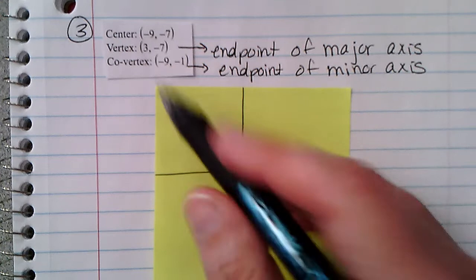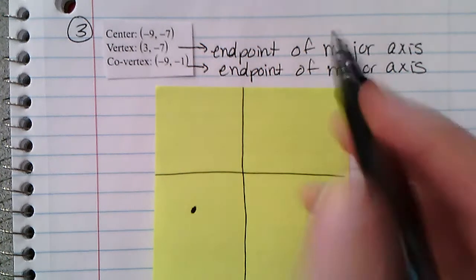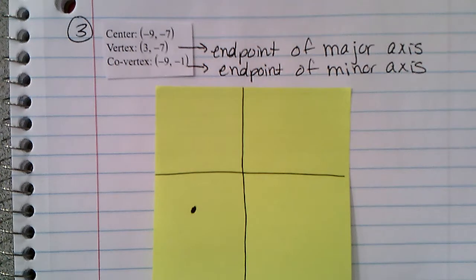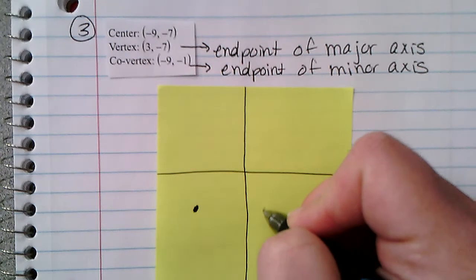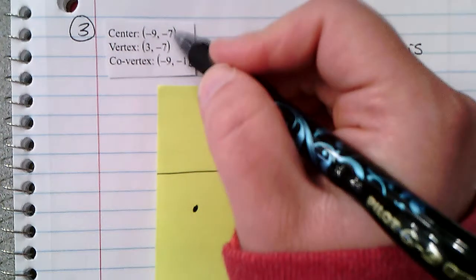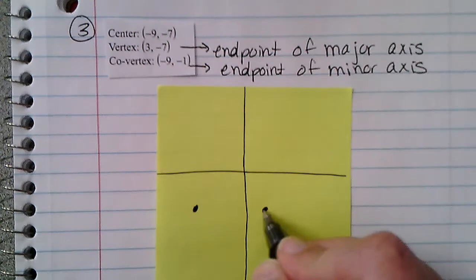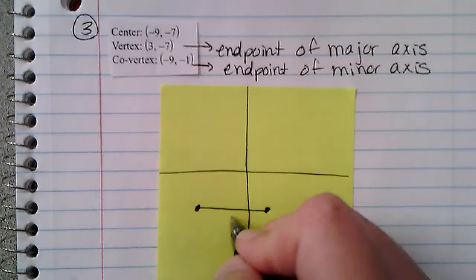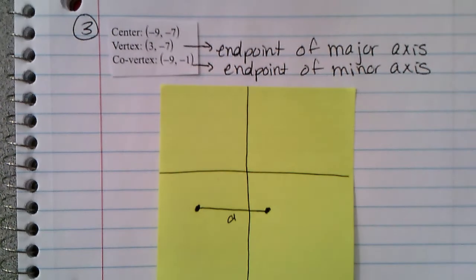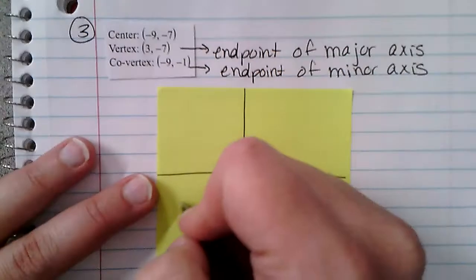Then the vertex, so again, major axis, this is going to tell us our orientation, which way the major axis is going, is 3, but also -7. Do you see how they share that y value? So that means that's going to be your A value. I can already tell that this is going to be oriented horizontally, so I know exactly which formula I'm using.